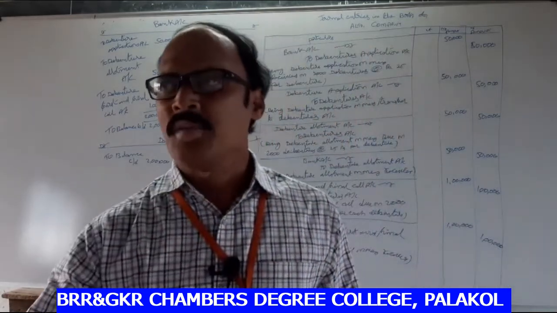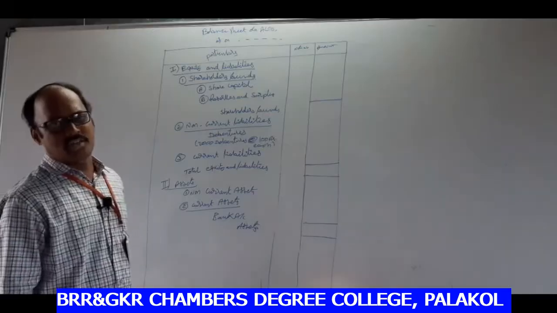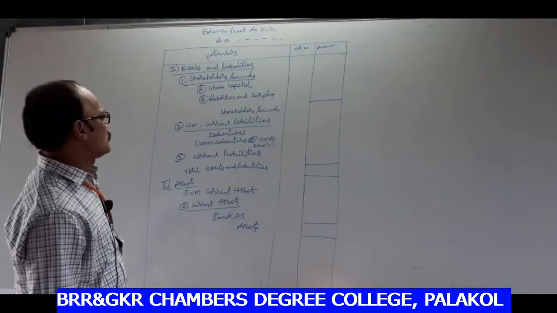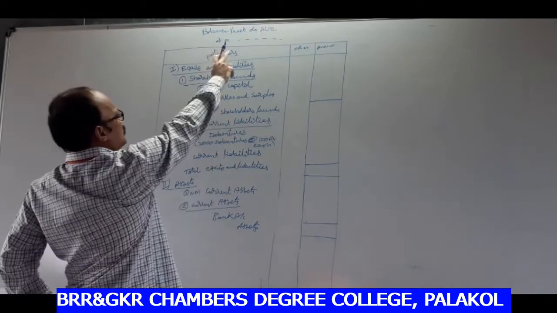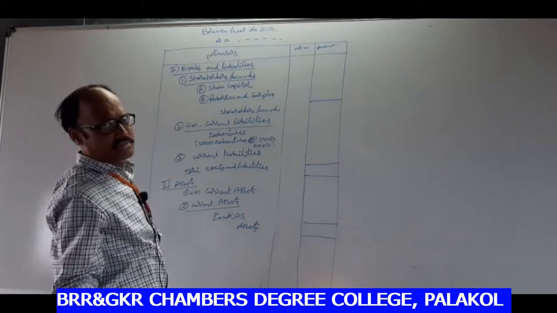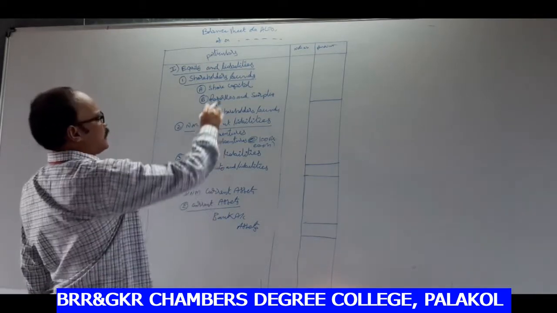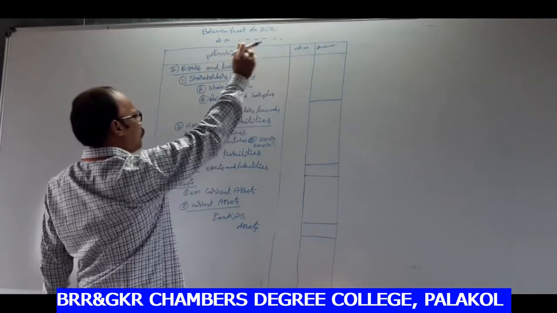Let us see the balance sheet. How a balance sheet of A Company Limited looks like. Balance sheet of A Limited as on dash dash dash. You know very well the procedure of balance sheet. Balance sheet particulars, note number, amount.